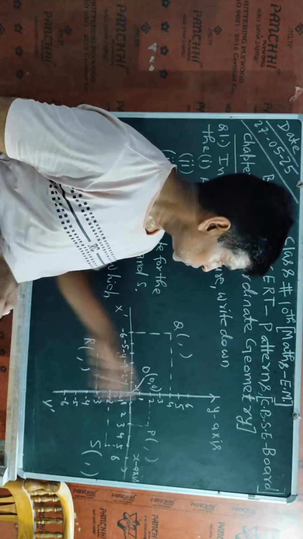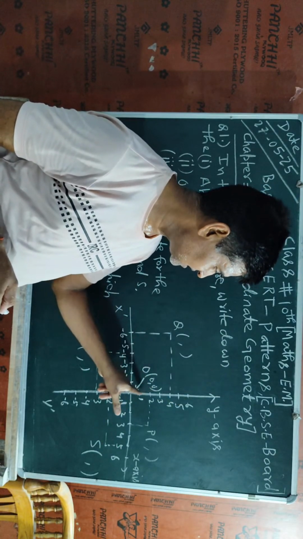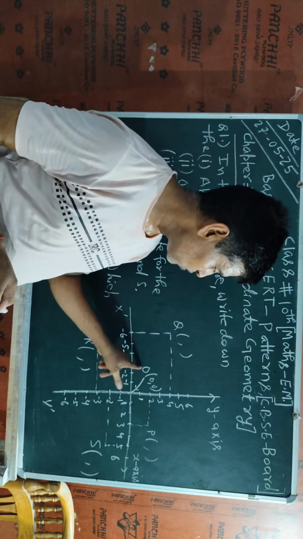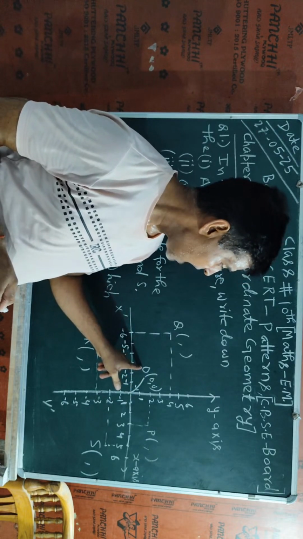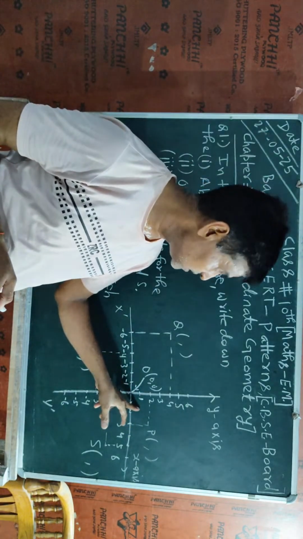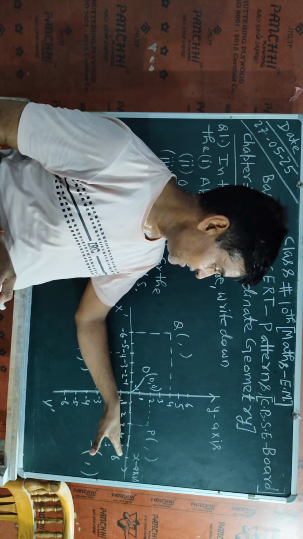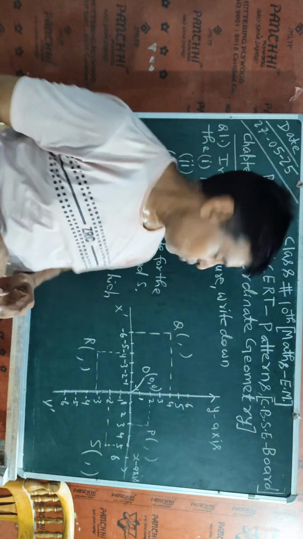Okay, student. So this is the y-axis and this is the x-axis, and both axes cut at a point. I say the point of intersection is A, and the angle between these two lines will be 90 degrees. Therefore, I will say the y-axis is perpendicular to the x-axis, or the x-axis is perpendicular to the y-axis.